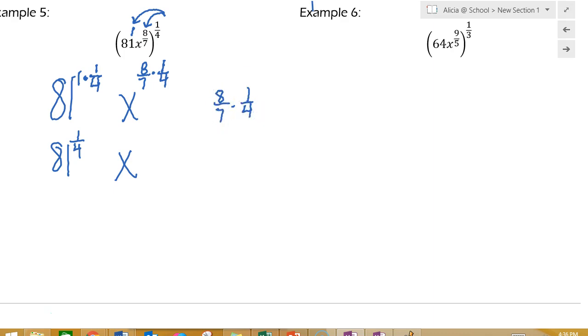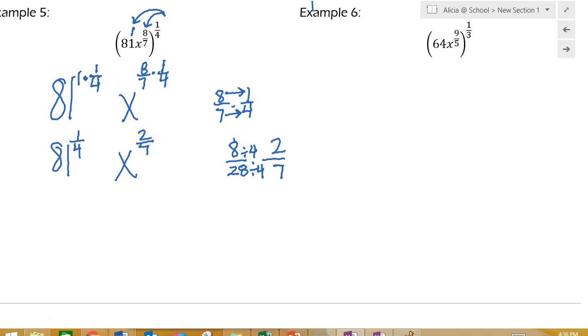When you multiply those across, 8 times 1 is 8. 7 times 4 is 28. And then when we simplify both top and bottom, we can divide both top and bottom by 4. Right, this becomes 2 and this becomes 7. So that's going to be my exponent for my x.